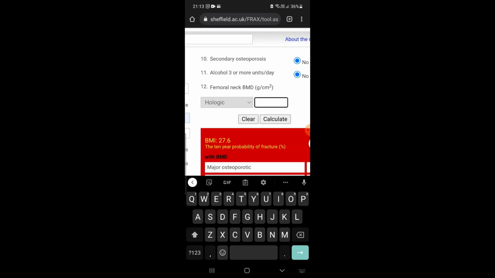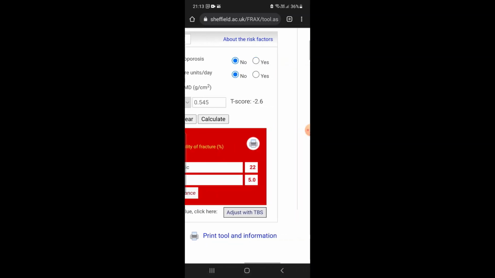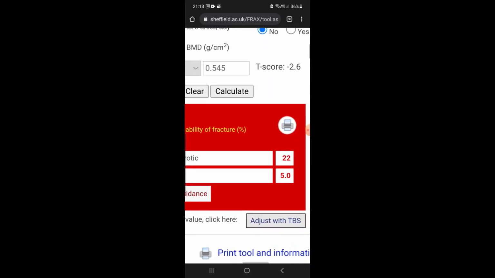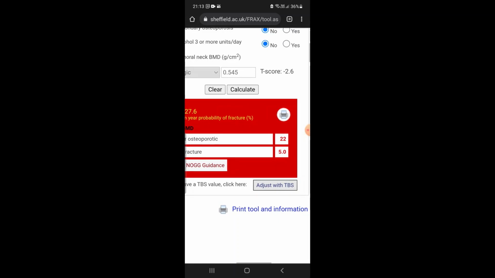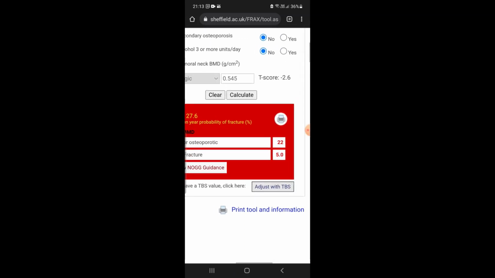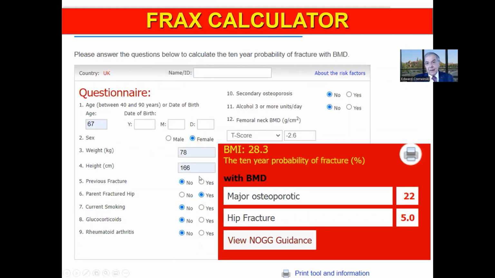We know that her bone mineral density in the hip was 0.545, and again we calculate, and we see it hasn't changed because it was the same. So this is the result: major osteoporotic fracture 22% and hip fracture 5%. The result is a 10 year probability of fracture risk, 22% of major osteoporotic fracture.